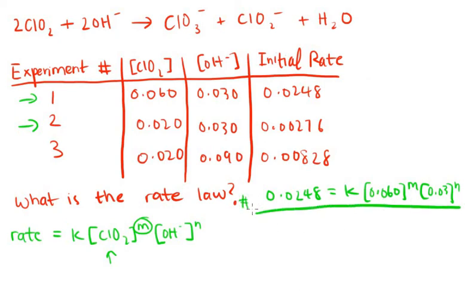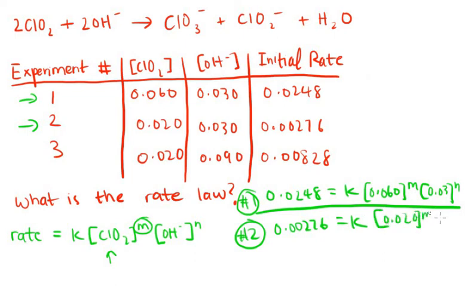Let's do number 2 now. 0.00276 is equal to k, 0.020 to the m, 0.03 to the n. Sorry, it's kind of cramped there.